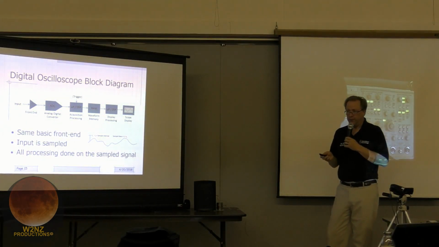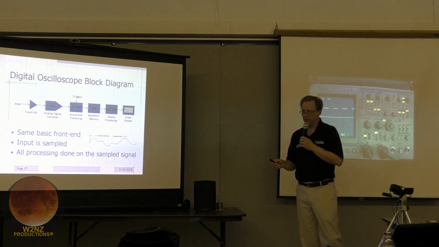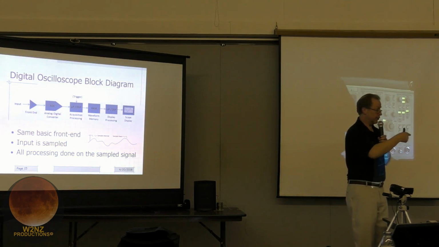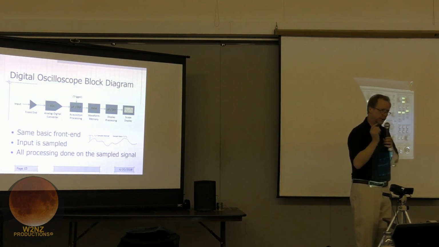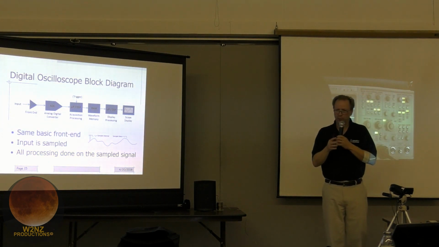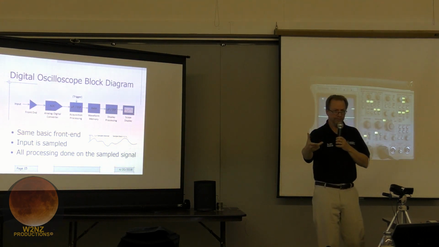And we're sampling all the time. So now the trigger has a little bit of a different function. Whereas the trigger on an analog scope basically said, this is when I want to kick the stream off, the trigger on a digital scope looks like it's doing the same thing, but really what it's doing is deciding what I want to put in memory.